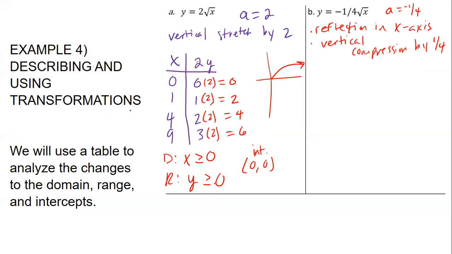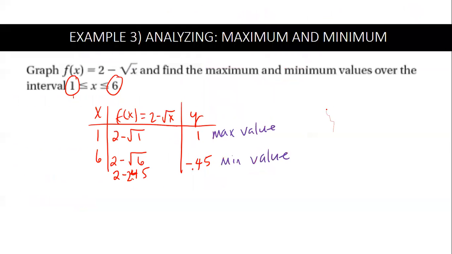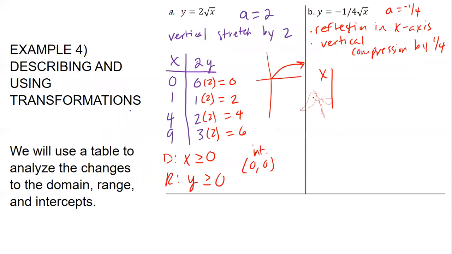So again, keeping that in mind, the A only affects which variable? The Y. My X's are not going to be affected: 0, 1, 4. I don't feel like doing 9. But to each Y value, I am multiplying it by -1/4.